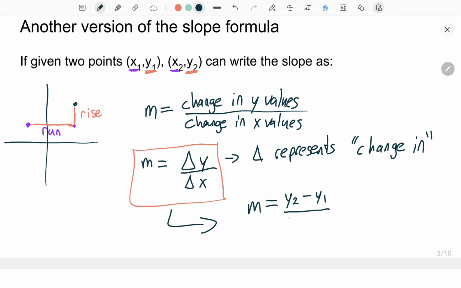You divide that by the change in your x values, which again, going in the same order, the x value of the 1 point, subtract the x value of the other point. And so this is another important way to think of the slope, and another formula we can think of it. All right, so those are slopes. We're just continuing to expand upon rise over run, seeing it in new ways.